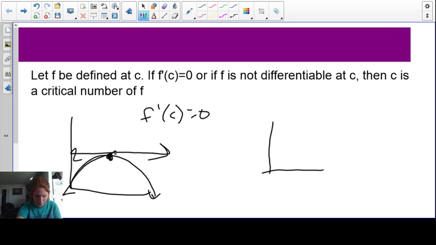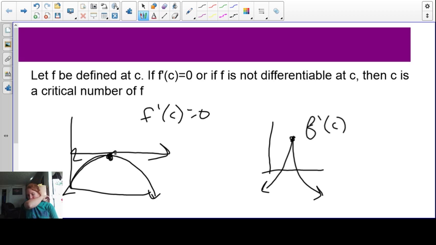However, there are also examples that look like this, where my function is not differentiable at that point, and the derivative will not exist. Both of those are examples of critical points because they tell me something about my graph.